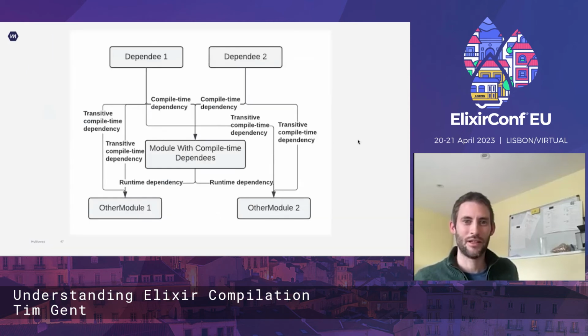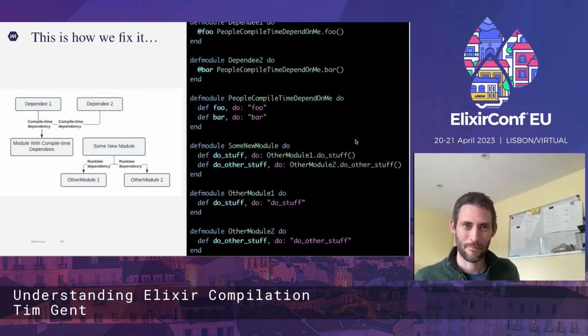Really, really bad, because it results in this messy dependency graph where everything just depends on everything else. Dependee 1 has a transitive compile time dependency on these two modules. So does dependee 2. Now, if we change either of these, it just causes loads of stuff to be recompiled. So really, really horrible. Please try and avoid that in your code.